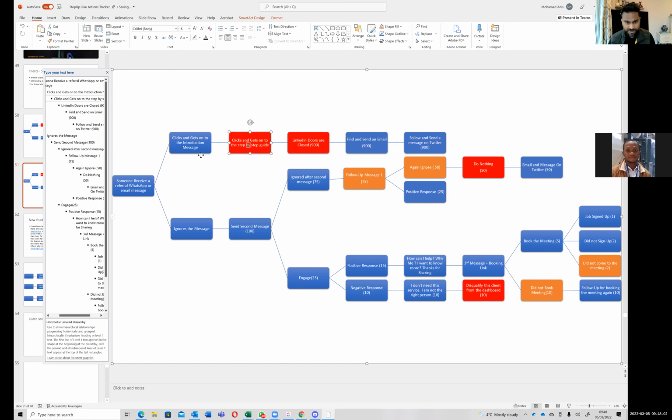No, first they join, hopefully, first they join the registration link. Click on the registration link. And then the step-by-step guide.